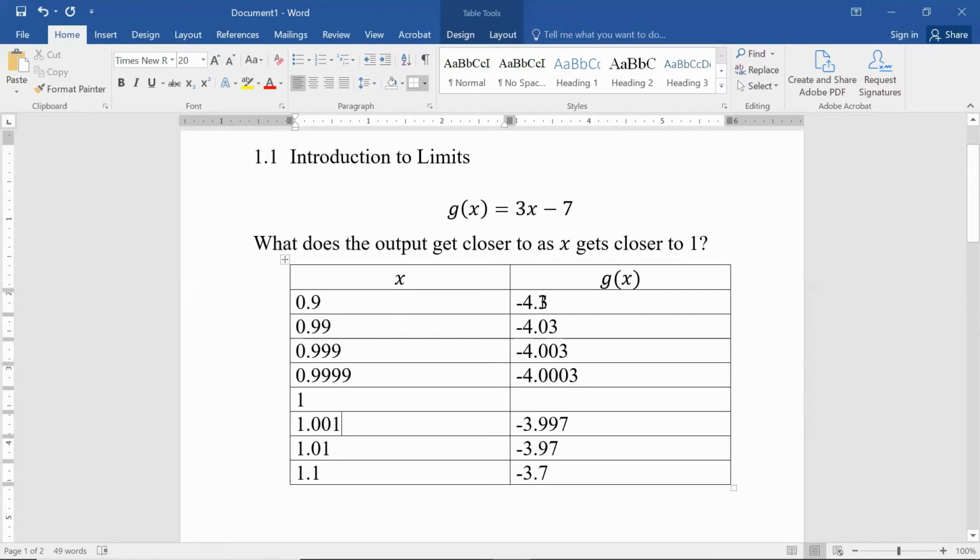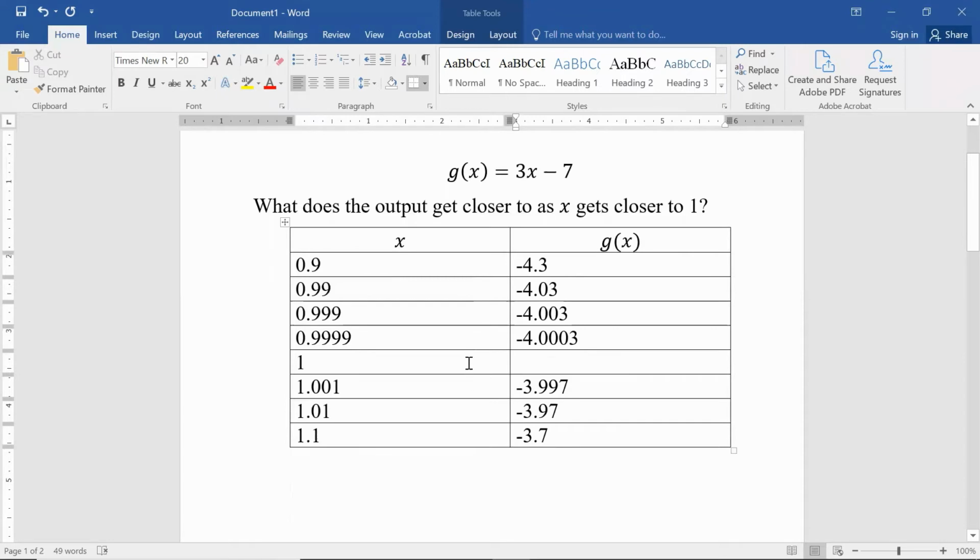But as I look at this from underneath and from above, it looks like my output keeps getting closer and closer to -4. And that does happen to be what you get when you plug 1 into g. As you came in from underneath, you got closer to -4.